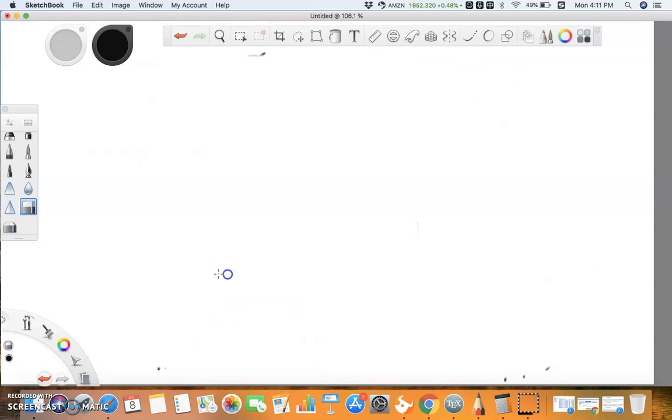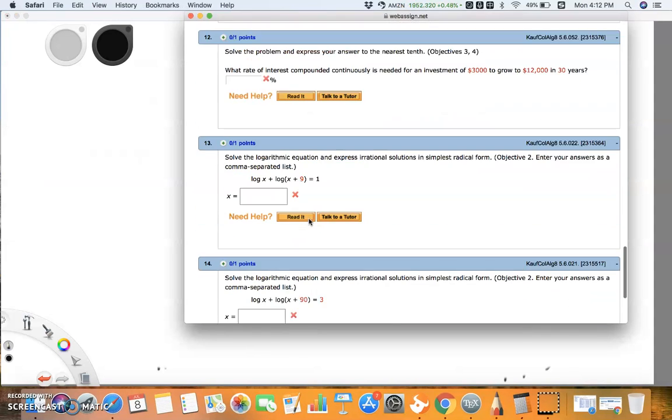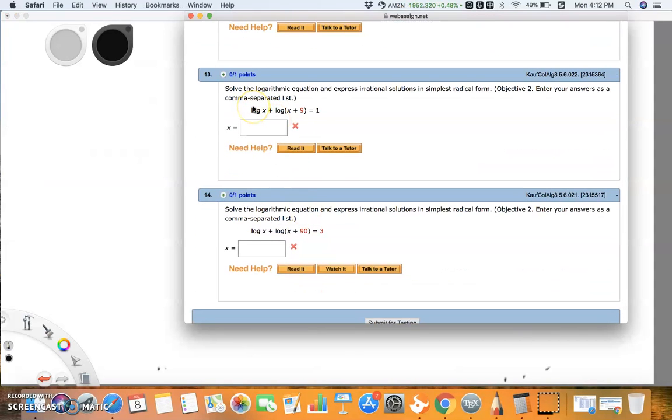Okay, now let's take a look at another example. Questions 13 and 14, we are asked to solve the logarithmic equations. To solve these equations, we're going to use the logarithmic properties, which we started on Friday.